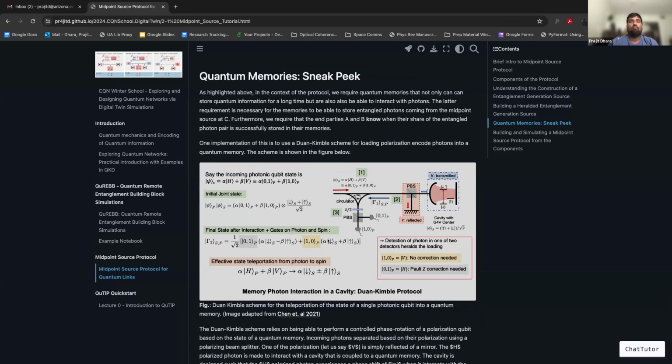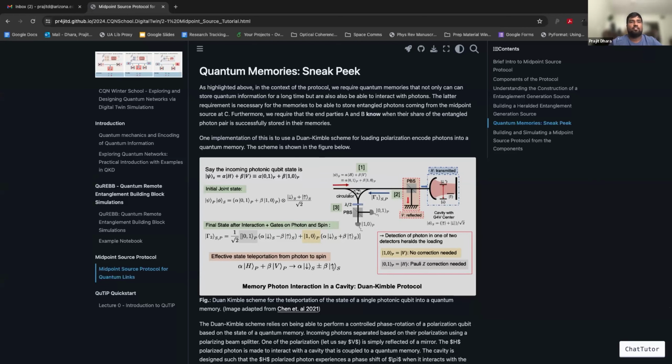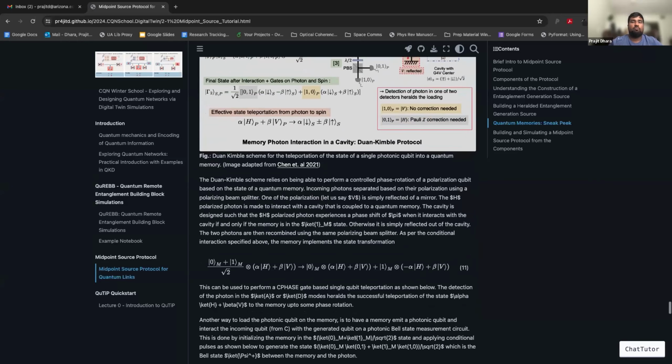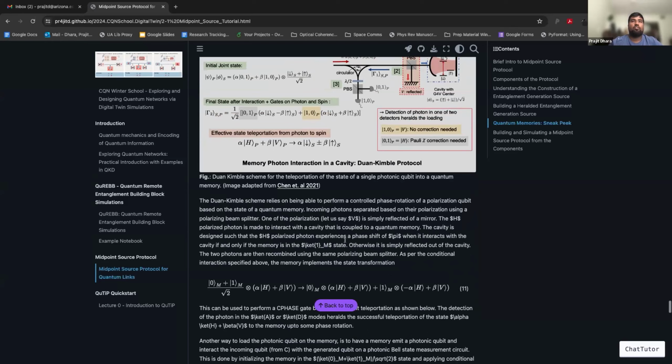By measuring the photon, you collapse your superposition into one of these two things. Once you know which mode you have detected your photon in, either 01 or 10, you will be able to teleport it with some additional phase correction. Details of this are left for people to explore on their own.